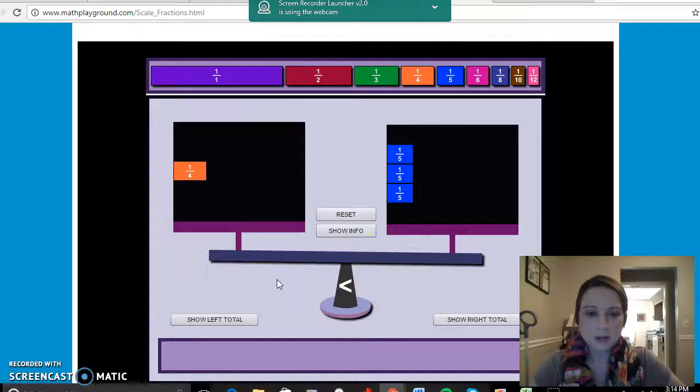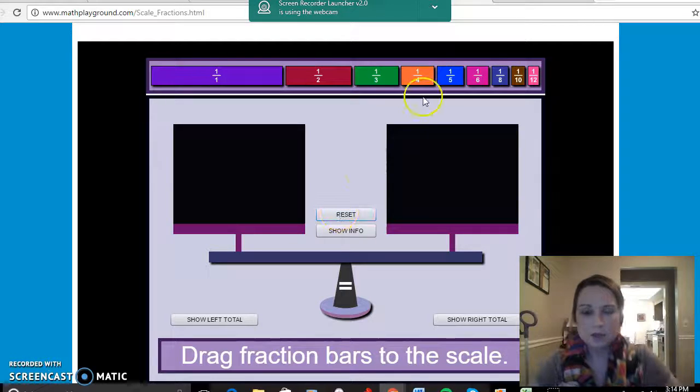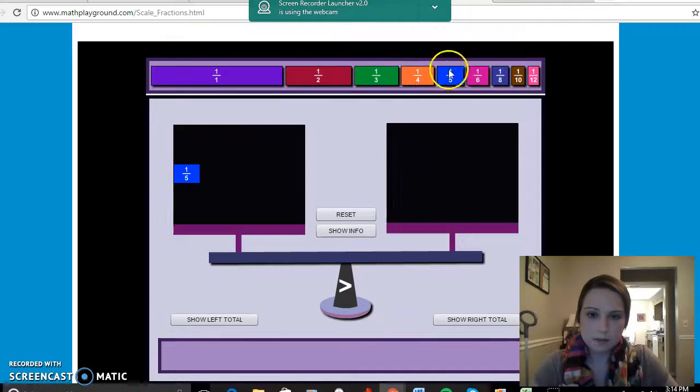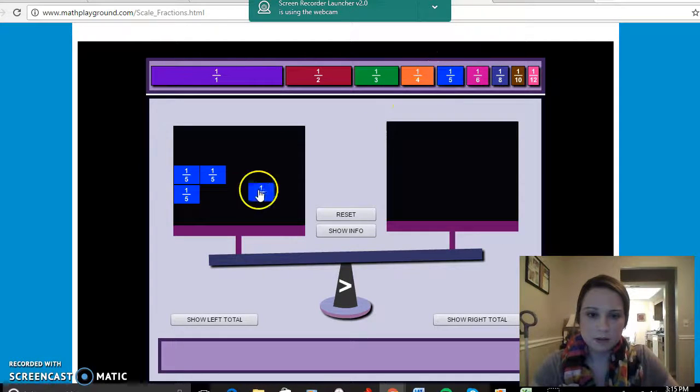The next problem we are going to do is 4/5 and 6/8. So we need to reset and move down our fifths. 1, 2, 3, 4.